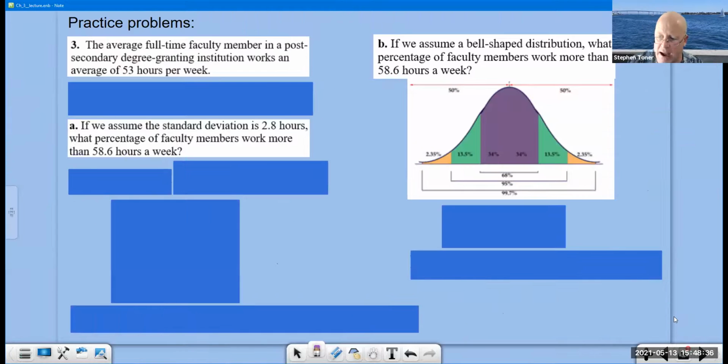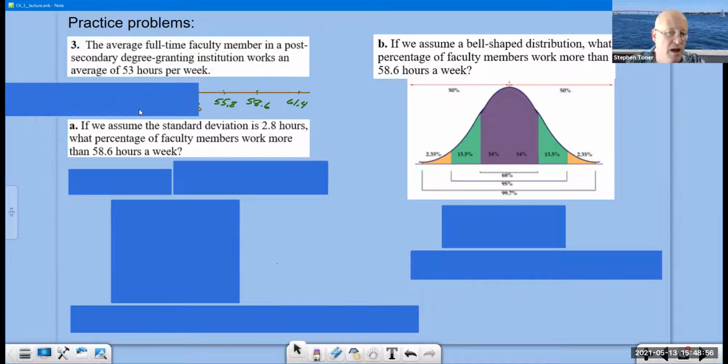Continuing on with these practice problems. Problem number 3. The average full-time faculty member in a post-secondary degree-granting institution works an average of 53 hours per week. Okay, I wish I could cut back to 53 hours a week. I drew a picture and I had 53 in the middle.